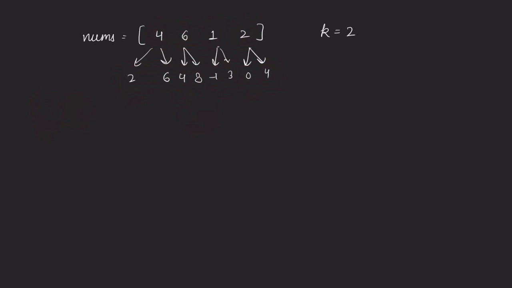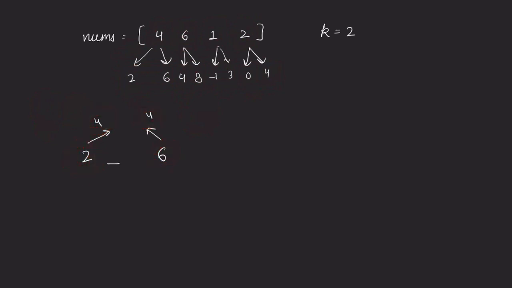So now how are we going to solve this problem? So see, if I consider from this array the numbers 2 and 6, this 2 can maximum go to 4 and this 6 can smallest go to 4. So now this 2 can go to 4, this 6 can come back to 4.